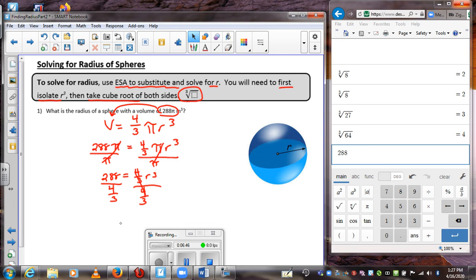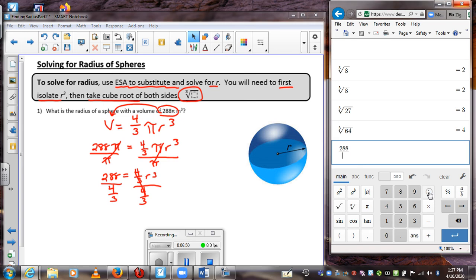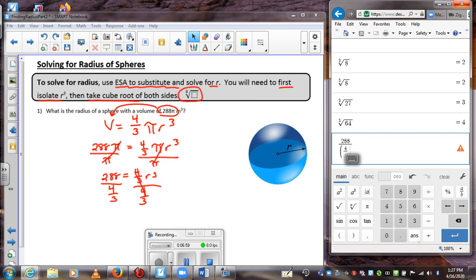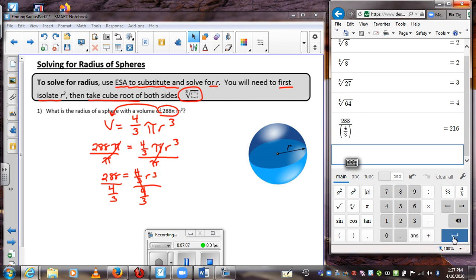So I'm going to go back over to my calculator. 288 divided by, now this is really important, I'm going to need parentheses around this. 4/3 is really 4 divided by 3. And I wish I could move that keyboard so you could see. I'm going to hit enter, and that's going to give me 216.